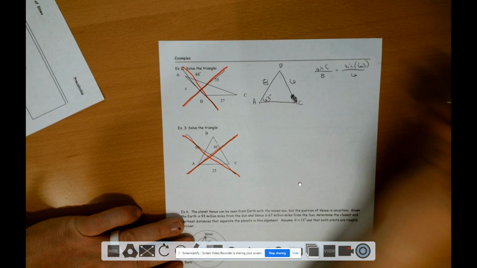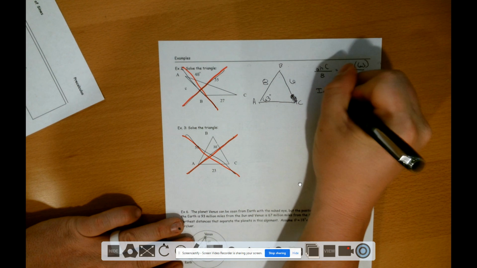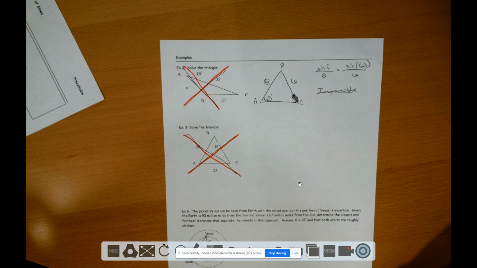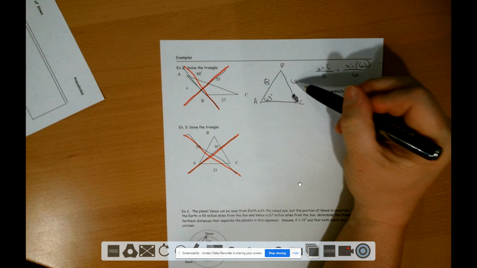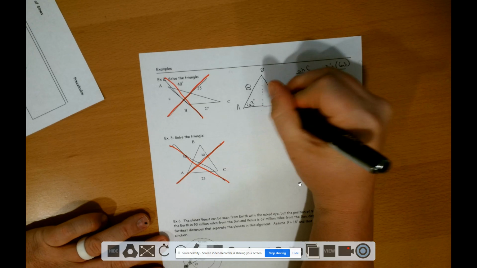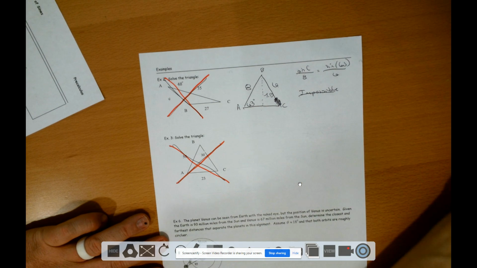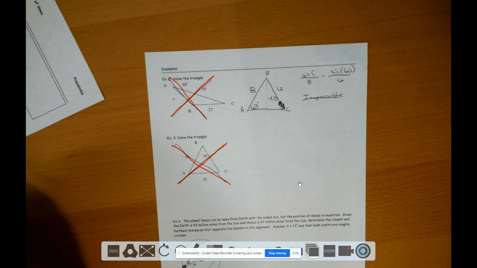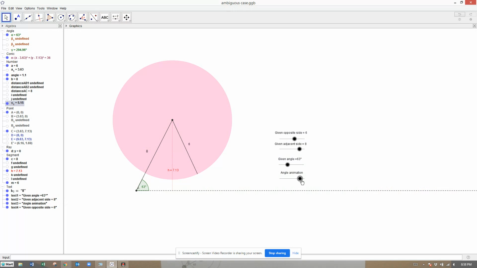So this triangle is impossible. The bottom line is that if this side length right here, this 6 across from the angle given, is smaller than this height, which is 7.13, then it's always going to be impossible, because you're always going to result in a triangle that has a hole in it.